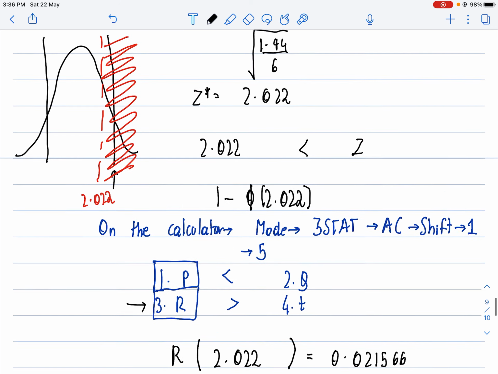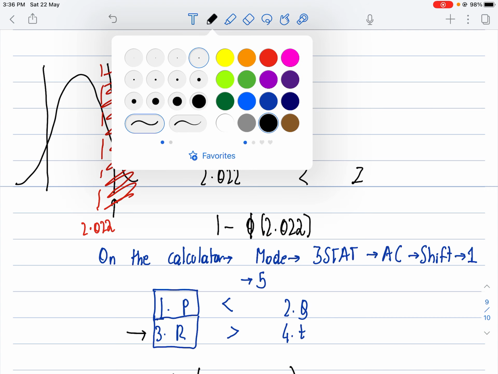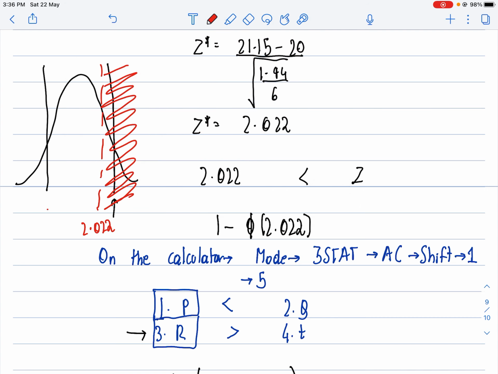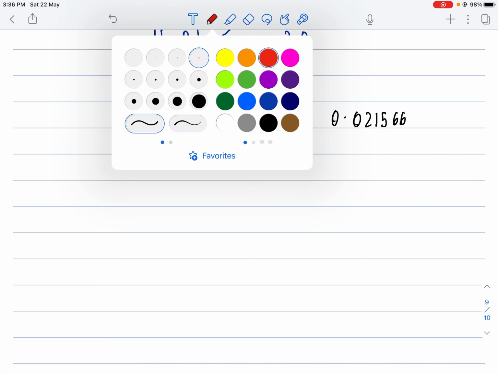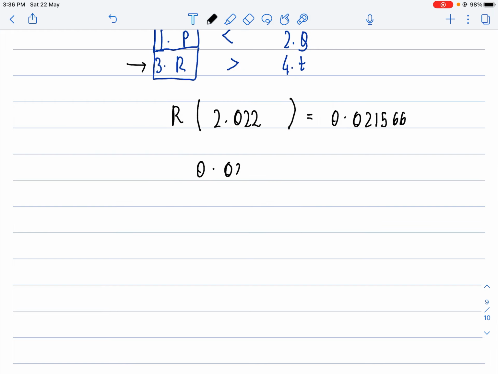No. I told you it's a two-tailed test. That means there's another tail lying here, so we need the area here also. But I know the area in red is always equal. So I can simply do 0.021566 plus 0.021566, and when I do that, I get 0.04313.